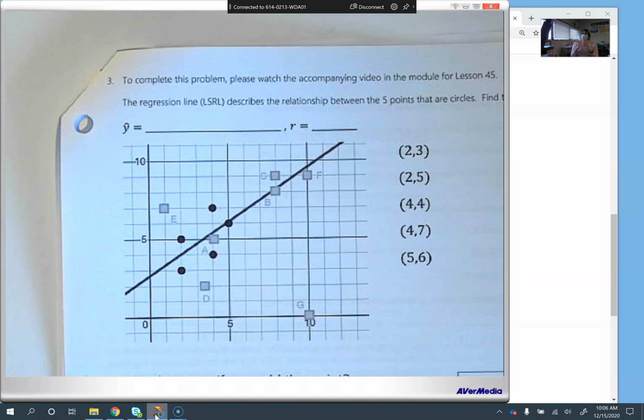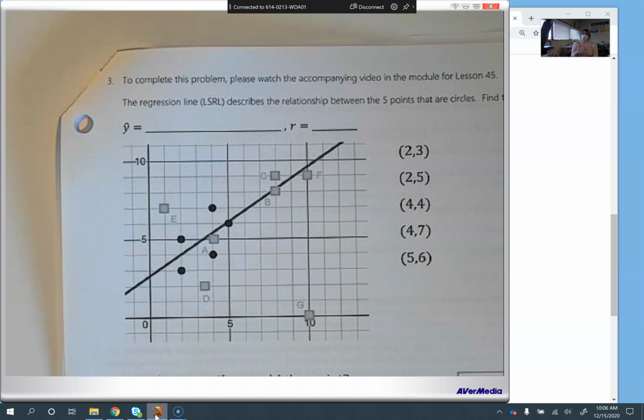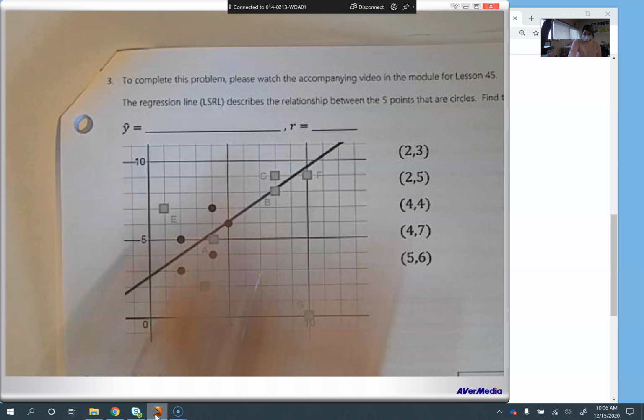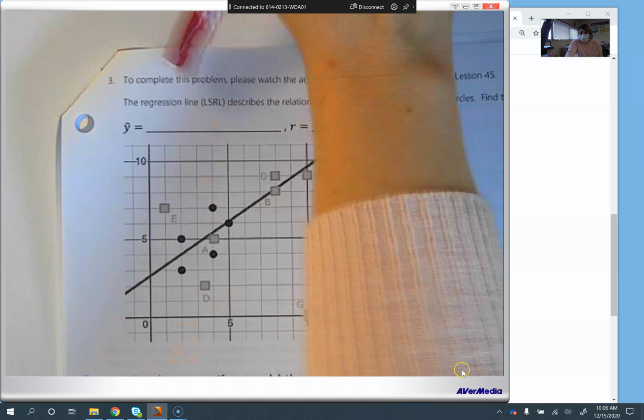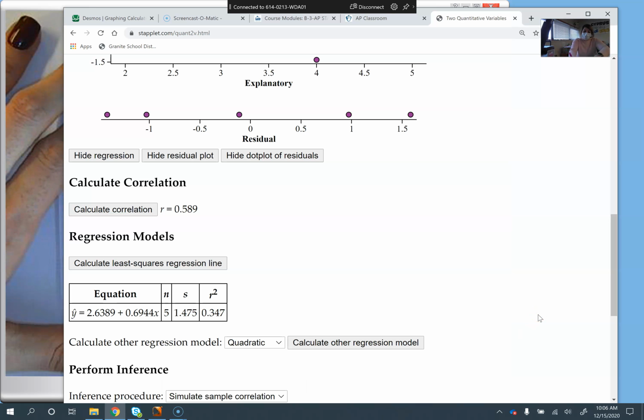The black dots and the line on this graph are for the 5 points, these 5 original points. And the equation for these 5 points is y hat equals, what is it? I already forget it. Oh, let's round to the hundredths. So 2.64 plus 0.69x with an R of 0.589.